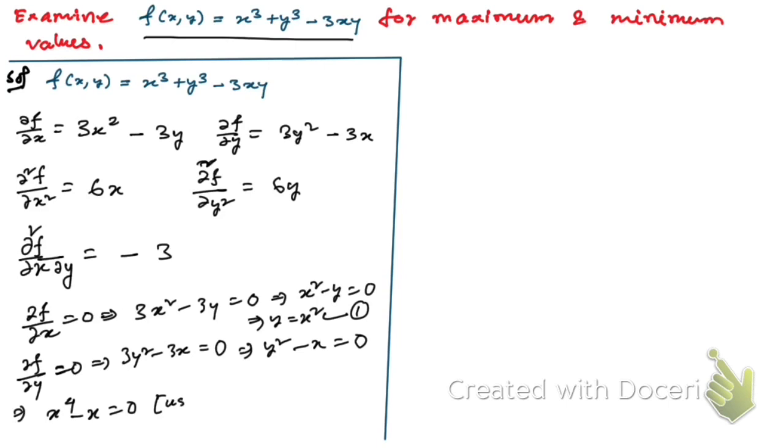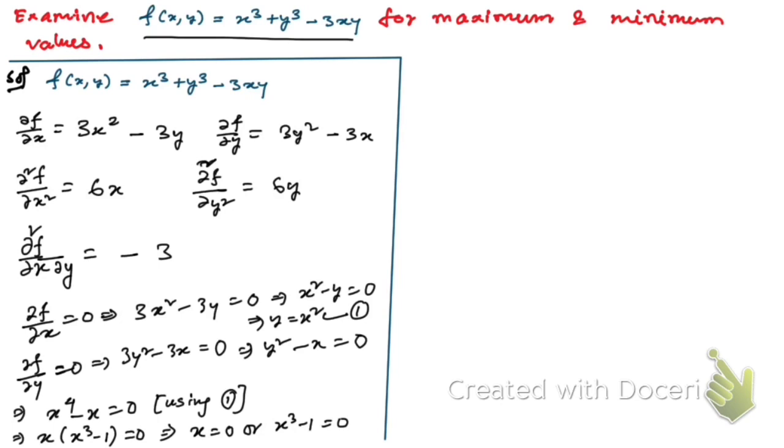Here we're gonna write using 1. Okay, so if you solve this, then what you're gonna have here, x cube minus 1 is equal to 0. So which implies that either x is equal to 0 or x cube minus 1 is equal to 0, right?